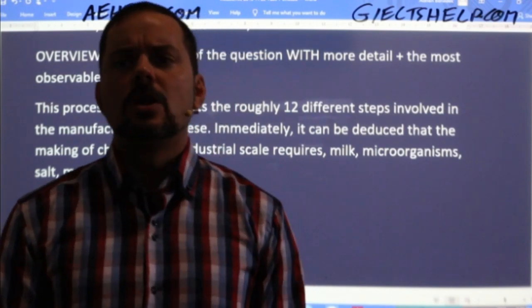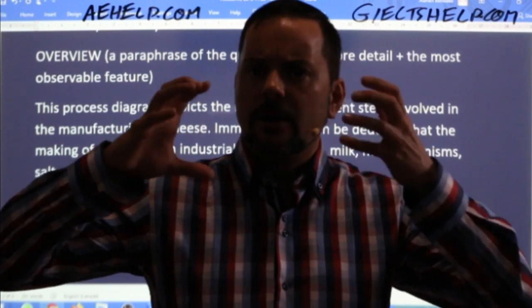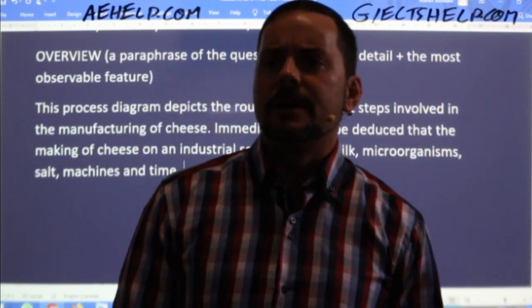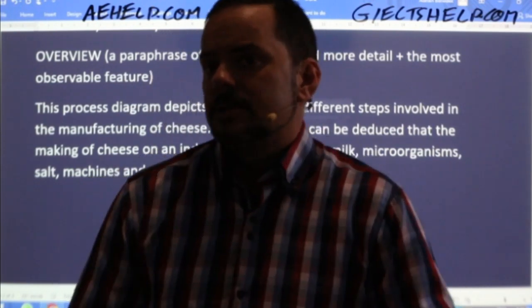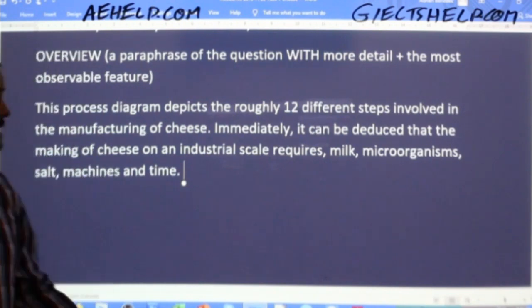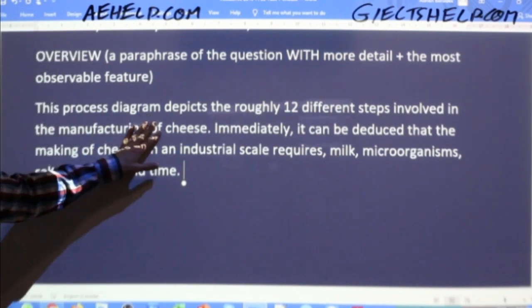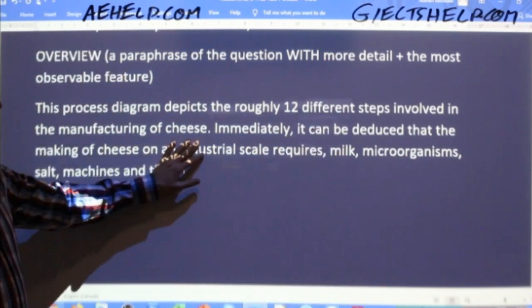I think a lot of you who are following these classes regularly are really starting to click on how this information processing and reporting works for this expository essay. Okay, good. All right, so again, this is my overview. This process diagram depicts the roughly 12 different steps involved in the manufacturing of cheese.